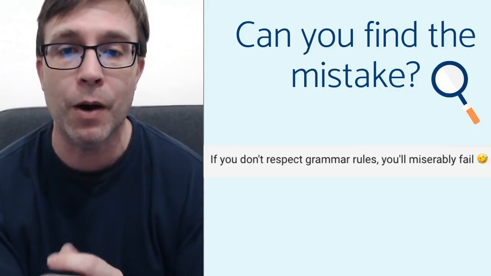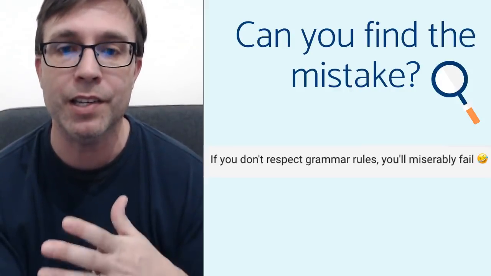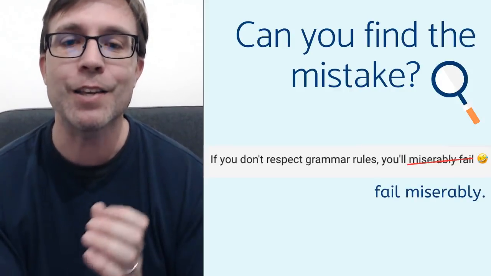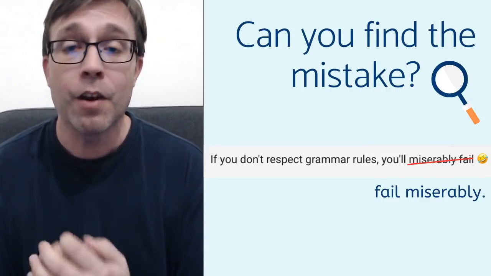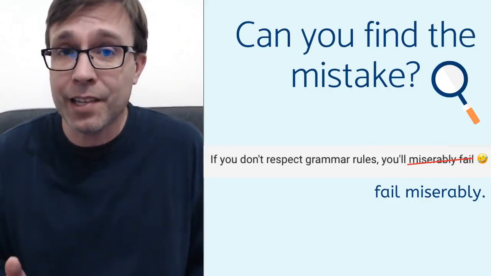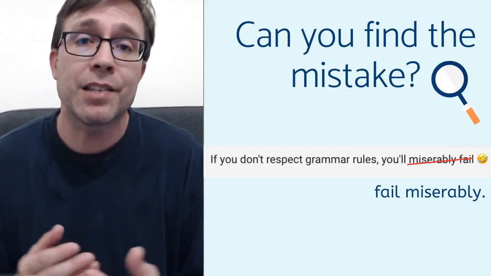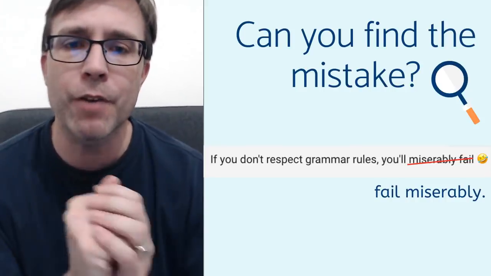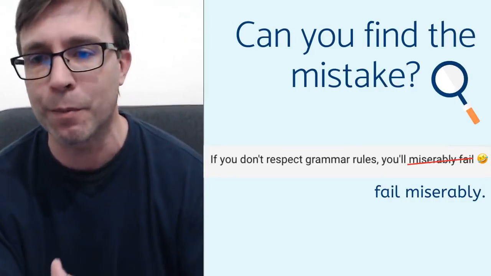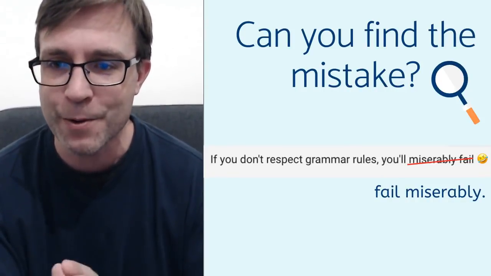But when you're talking about this expression, you would say you'll fail miserably. This is commonly how this phrase would be used. And this, I would also say, is a collocation, because these are two common words that are found together. If you don't respect grammar rules, you'll fail miserably. Excellent. I think many of you got that one.